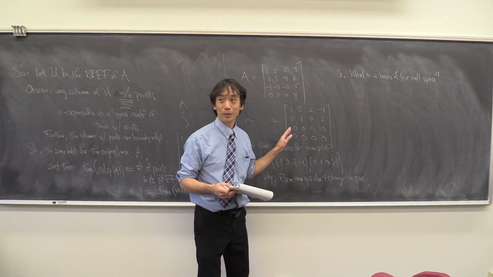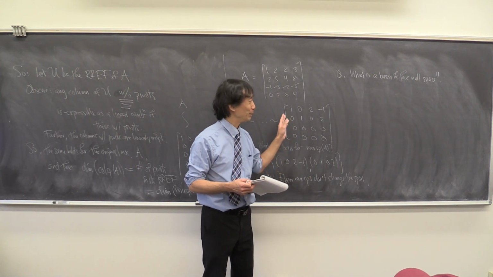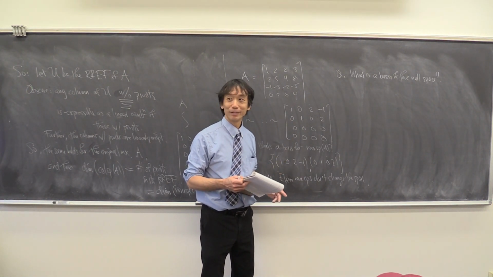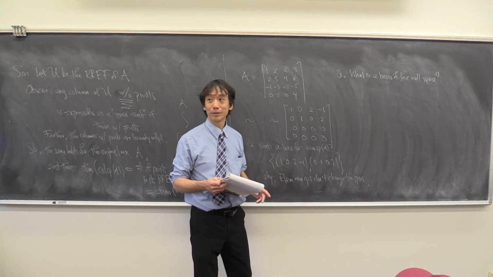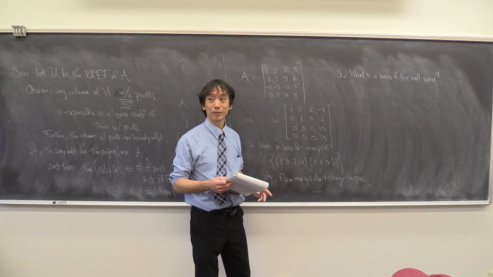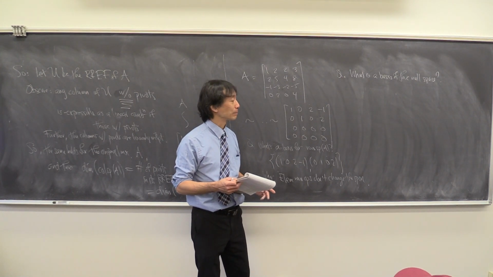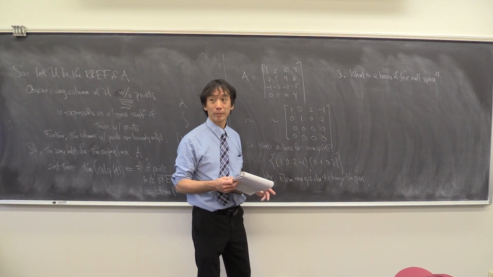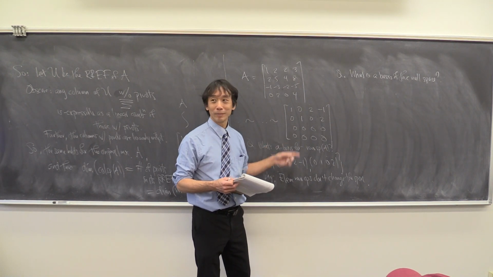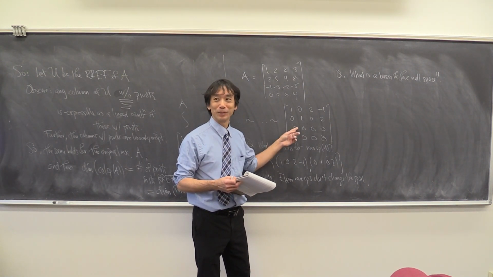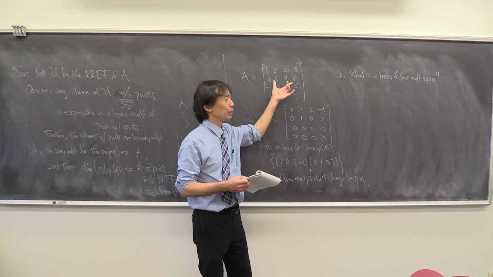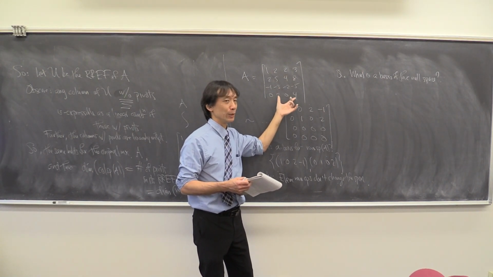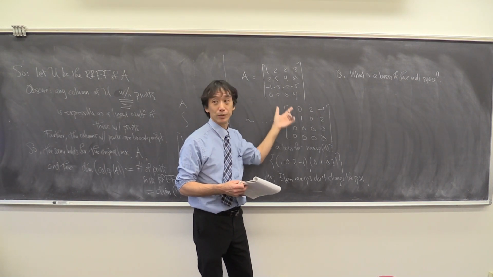Tim, you look like you know the answer. Well, I guess if we go on the same train of thought, we can find whatever solves it, the solutions, and it should be the same. Exactly, because when you do elementary row operations, you don't change the solutions.